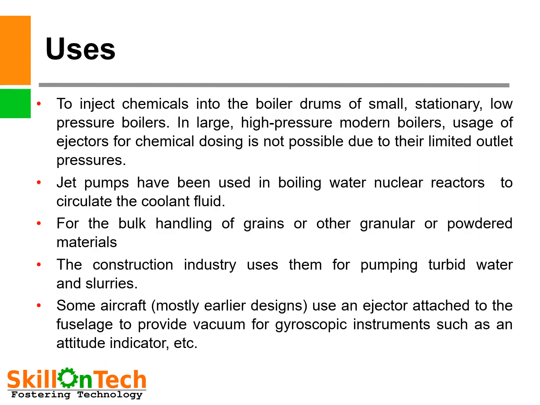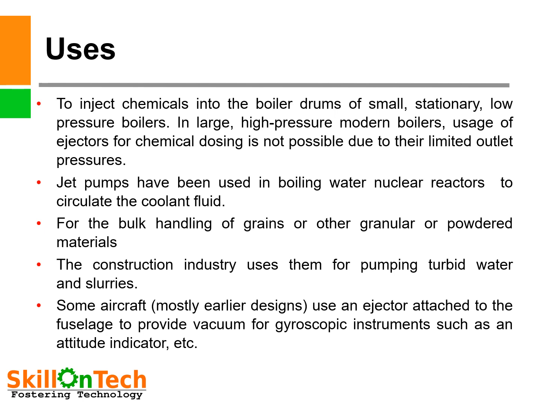What are the uses of ejectors? Let us know. To inject chemicals into the boiler drums of small stationary low pressure boilers. In large high pressure modern boilers, usage of ejectors for chemical dosing is not possible due to their limited outlet pressures. Jet pumps have been used in boiling water nuclear reactors to circulate the coolant fluid.